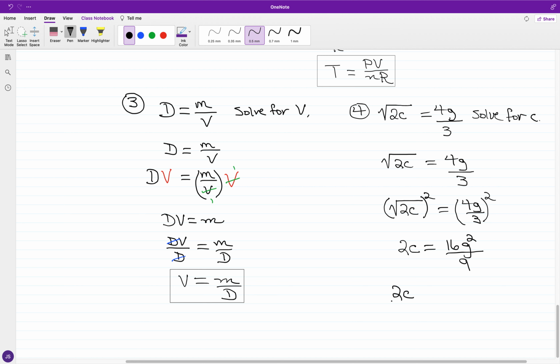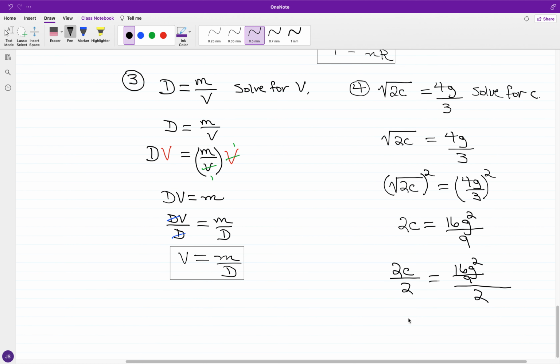And going from 2c to c, if I divide by 2, 2c over 2 becomes c, and I'm taking 1/2 of 16/9 of g squared. Think like this, dividing by 2, same as multiplying by 1/2.